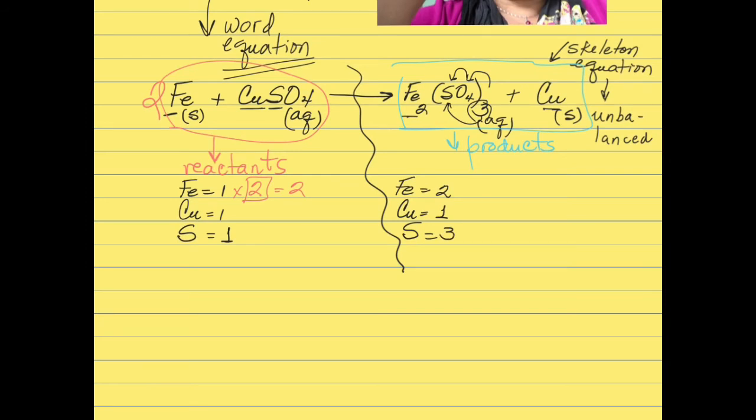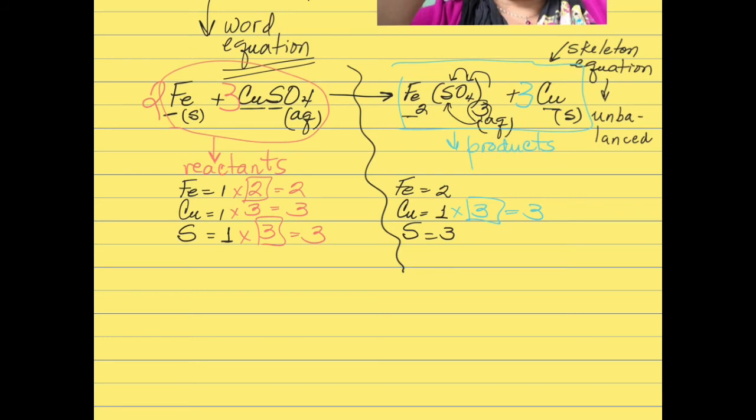Okay, Miss Ramos, what's going to happen here? I need to multiply by 3, because there's no way that I can put a 3 under the sulfur there. And that 3 that I'm going to put in front of the compound is going to affect everything, including the copper that was already balanced. Now I have to go back to my copper, because I needed 3 in my products.